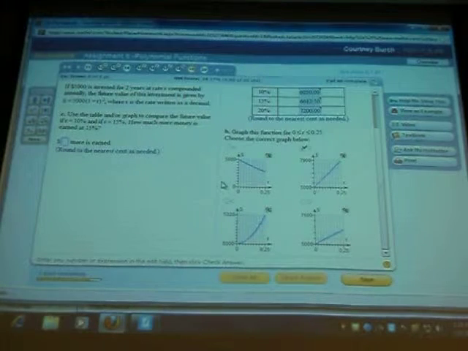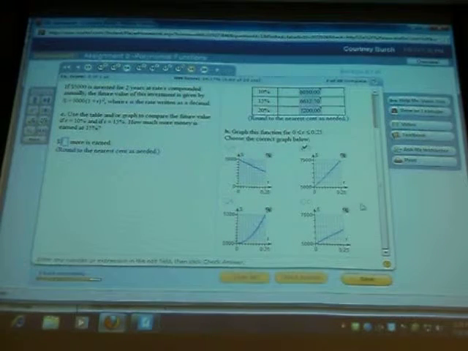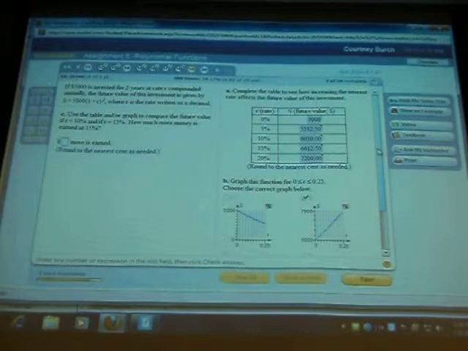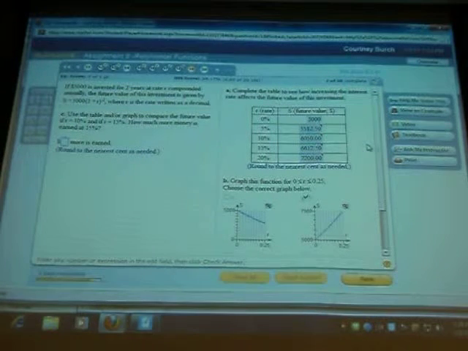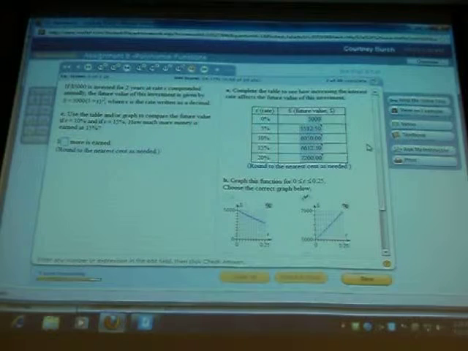Okay? Now, how much more money is earned at 10% versus 15%? So if I increase from 10% to 15%, I just need to figure out how much higher the 15% amount is versus the 10%.